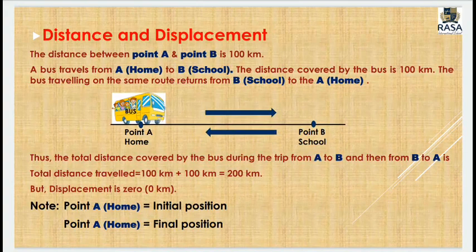The total distance traveled will be AB plus BA, that is 100 plus 100, 200 kilometers. And the total displacement, because there is zero distance between initial and final position, is 0 kilometers.